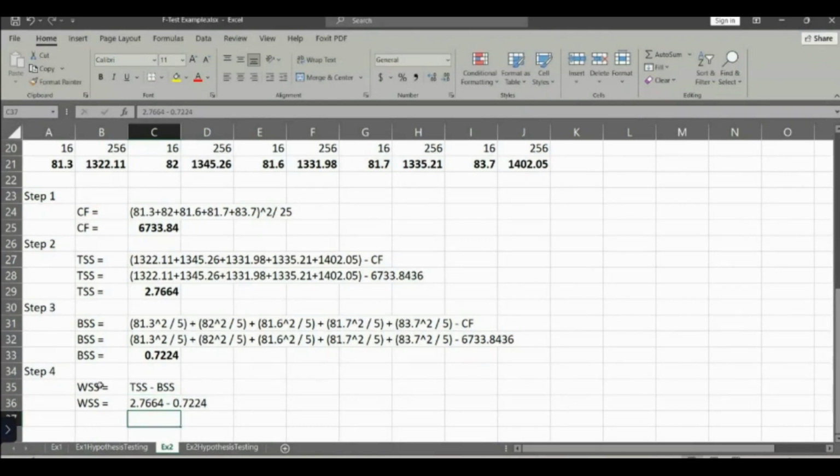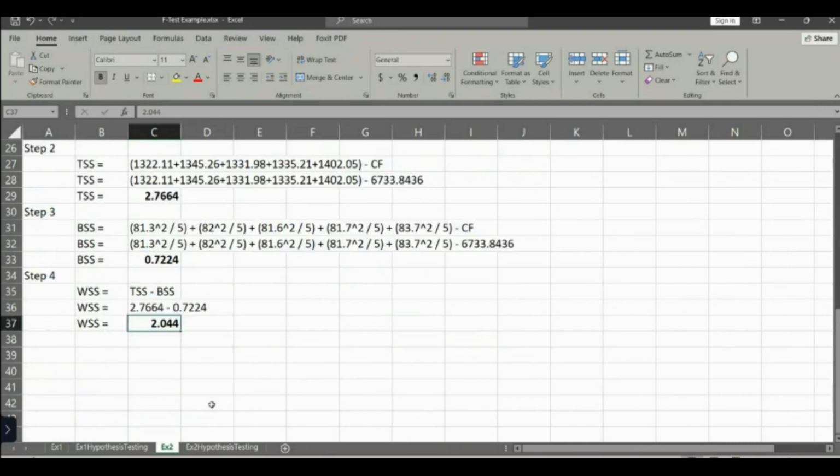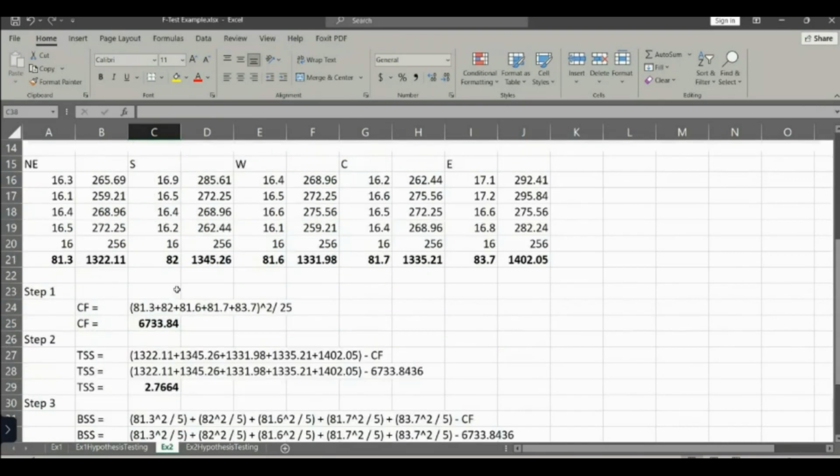Okay, what is their difference, class? 2.04 po. 2.044. Am I right? Yes po. Yeah. 2.044. So that's it.